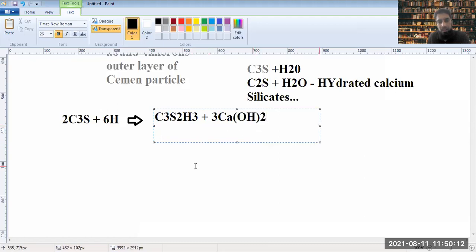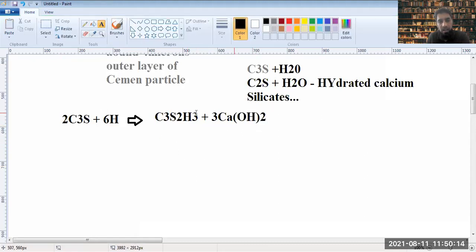So this is the hydrated calcium silicate that's formed, this one. This is the hydrated calcium silicate. And apart from that, there is one more product formed, which is calcium hydroxide. And calcium hydroxide within the cement, what is it? Lime.